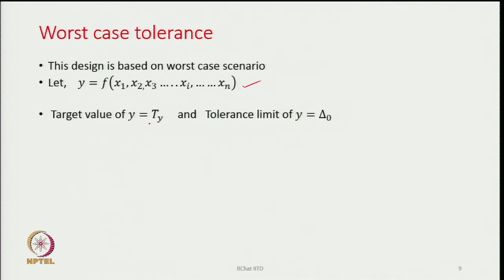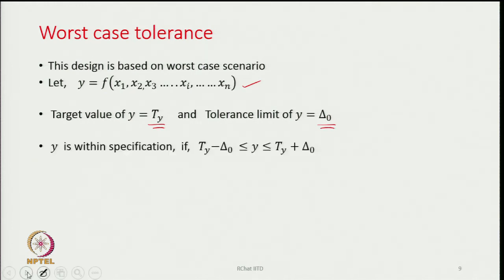Let the target value of y be t_y and the tolerance limit of y be delta 0. So, y is within the specification if y remains within the limits t_y plus delta 0 and t_y minus delta 0. Then we say that it is within the specification limit.